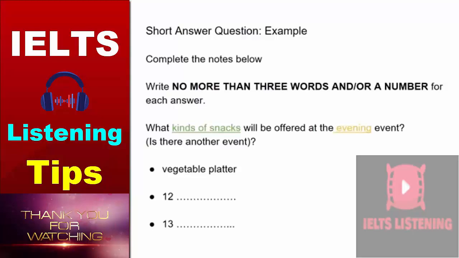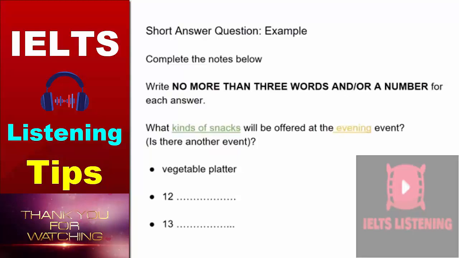And so you're supposed to listen for what foods, what snacks are going to be offered only at the evening event. Okay? Again, once we start listening, we will hopefully get this information and it will be clear. And maybe there is only one event that they're going to describe, one evening event.